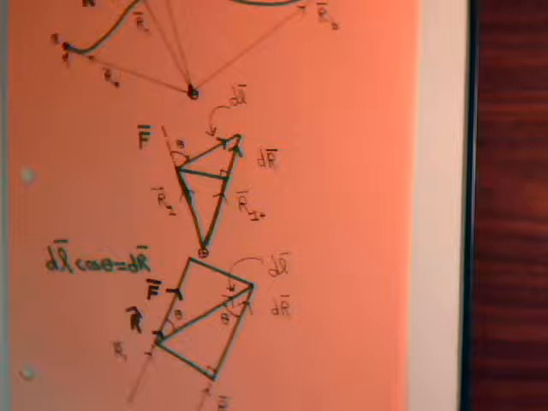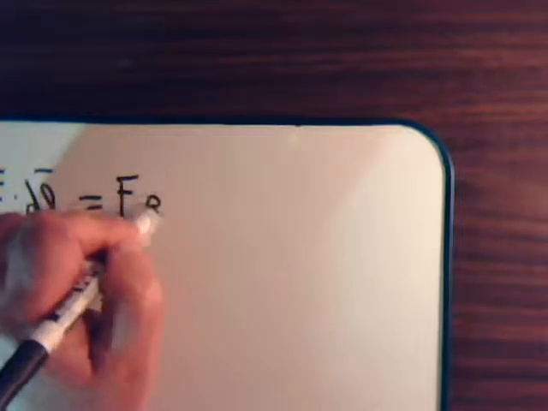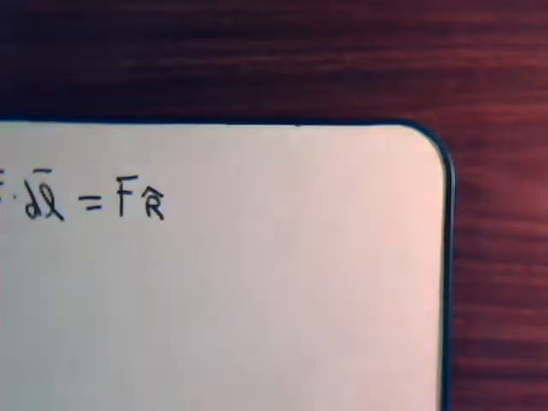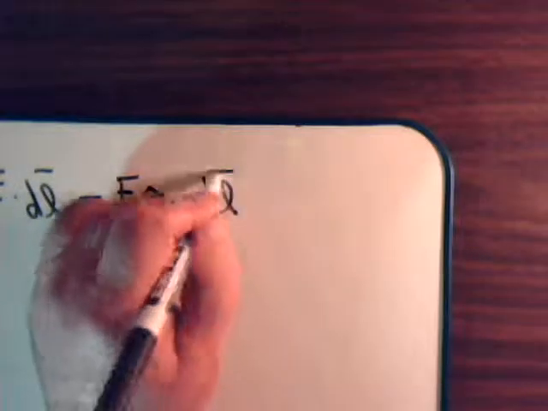So F dot dl, we can show it like this, the magnitude of F times that unit vector dot dl.